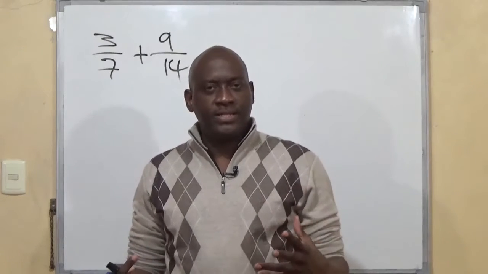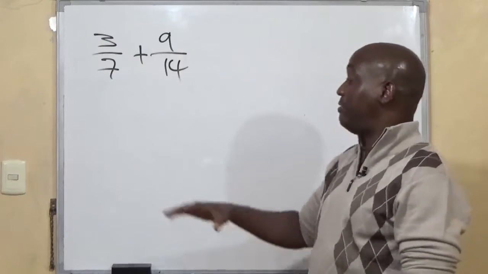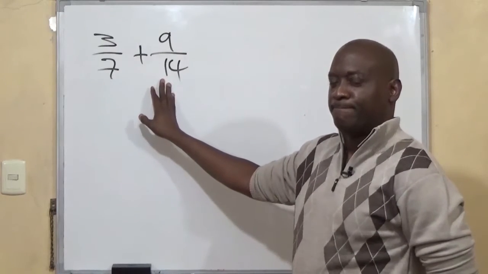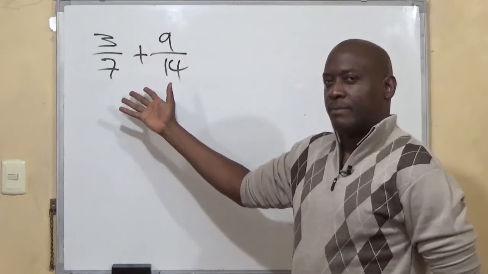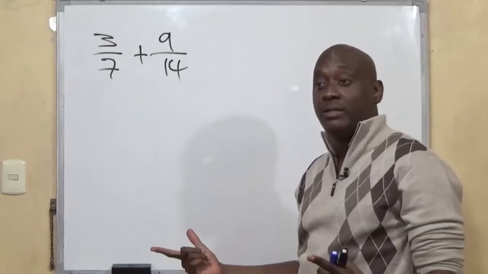Because if you don't know your tables, you have to spend time trying to figure out if 7 could go into 14. That is time that you could use just running through the thing, because you see it and you know it.